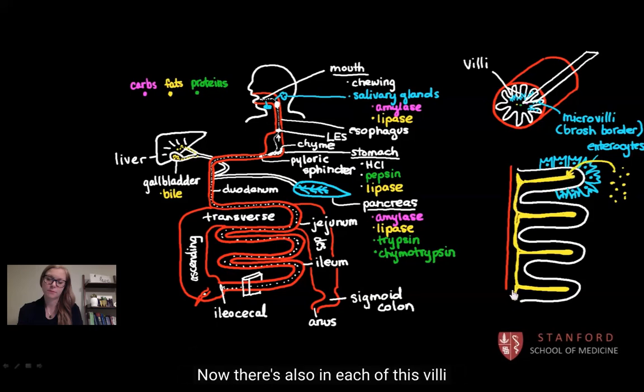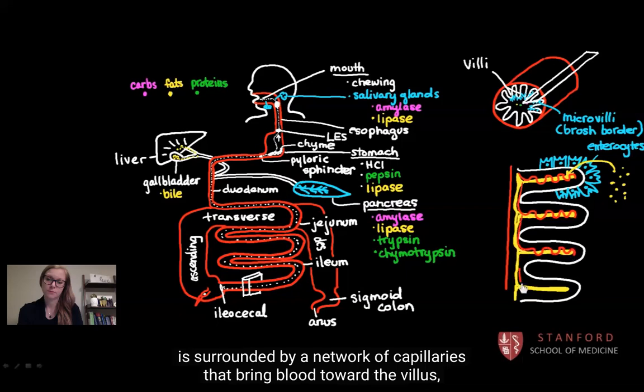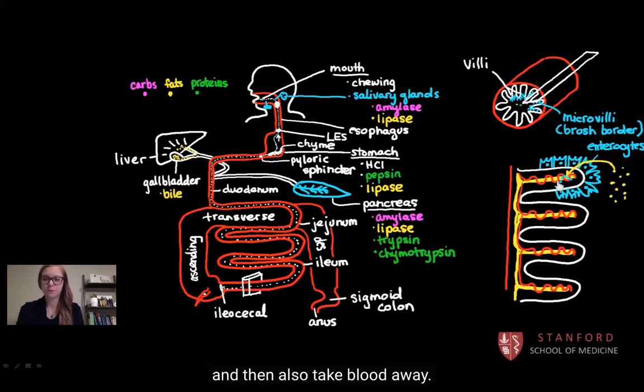and pass into the lymphatic system. Now, there's also in each of these villi a little capillary network. So each of these central lacteals is surrounded by a network of capillaries that bring blood toward the villus and then also take blood away.